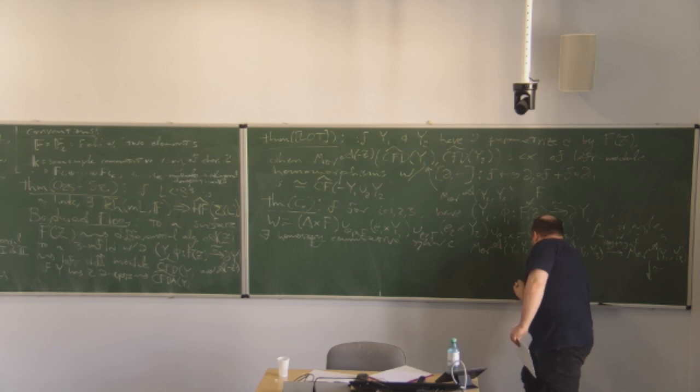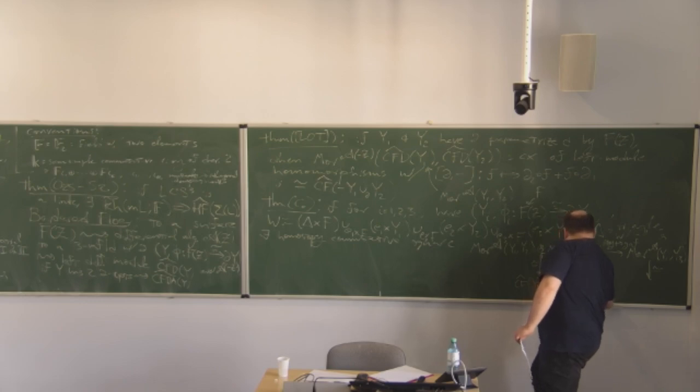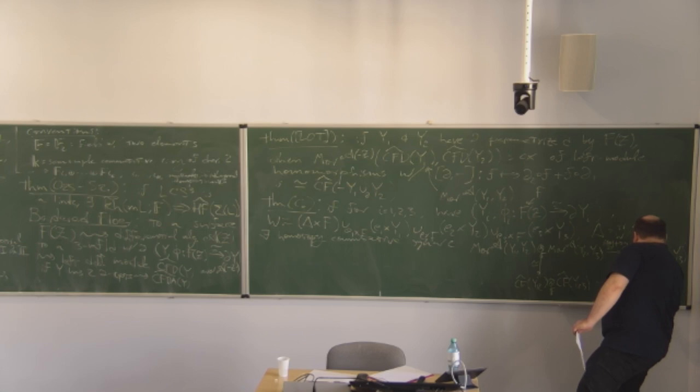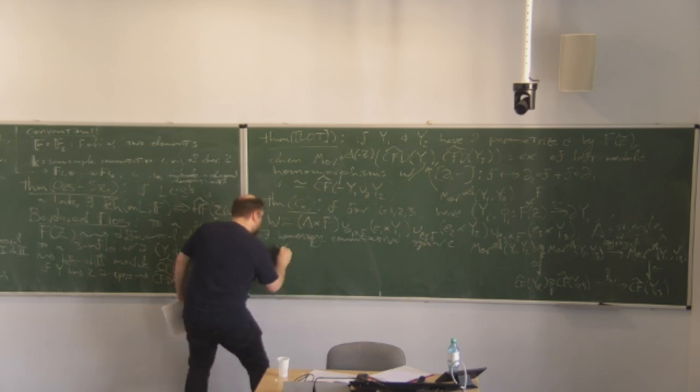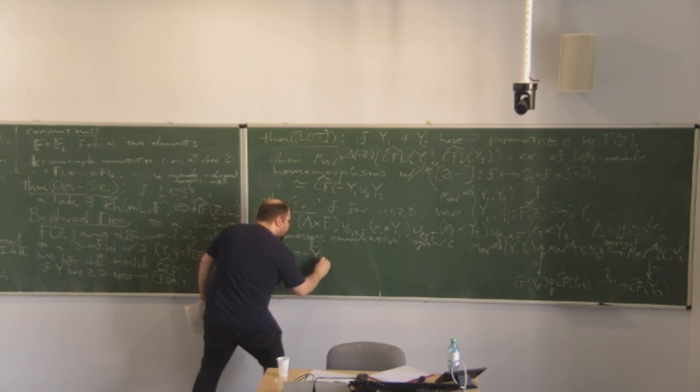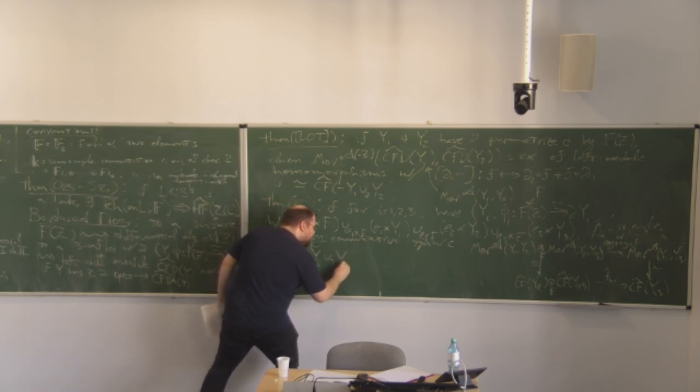And the bottom row is CF hat of some manifolds that I will just tell you what they are in a second. CF hat Y12 tensor over F CF hat Y23 goes to CF hat Y13 via the map induced by this cobordism W, where here Yij is defined to be minus Yi union along the boundary with Yj.